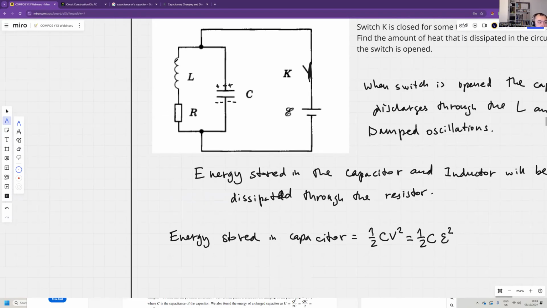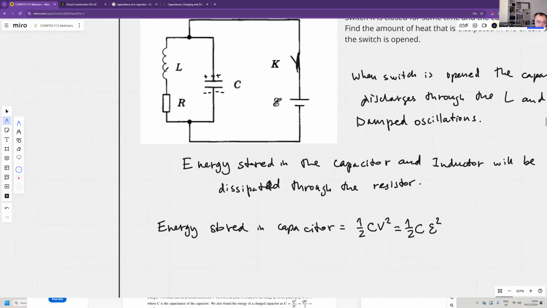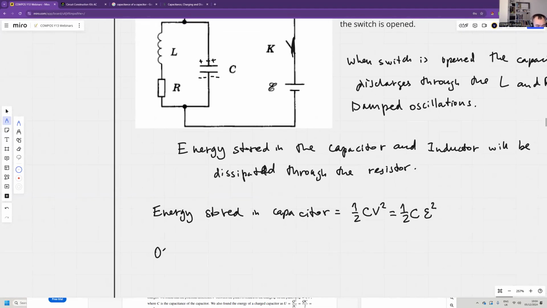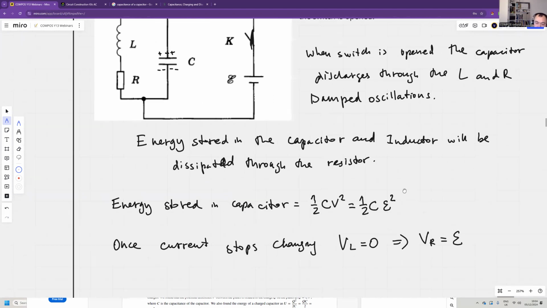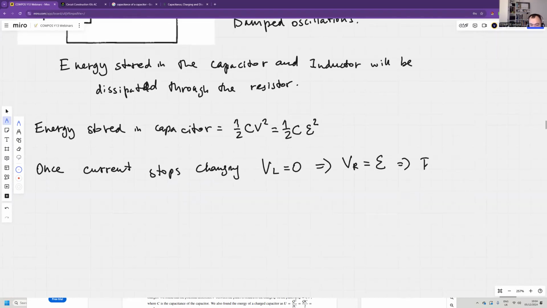That means that once the current stops changing, the voltage on the inductor is 0, and therefore the voltage on the resistor is equal to the EMF. Therefore, current times resistance is equal to EMF. That means that the current is equal to EMF over R.